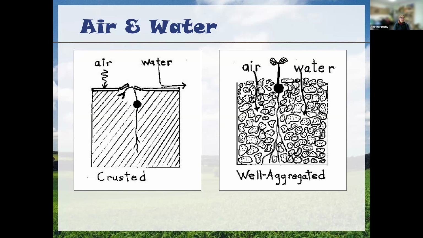We've been hearing a lot lately about compaction of soils, especially under the severe wet conditions that we've had over the last couple of years. And we keep hearing soils are compacted, soils are compacted.